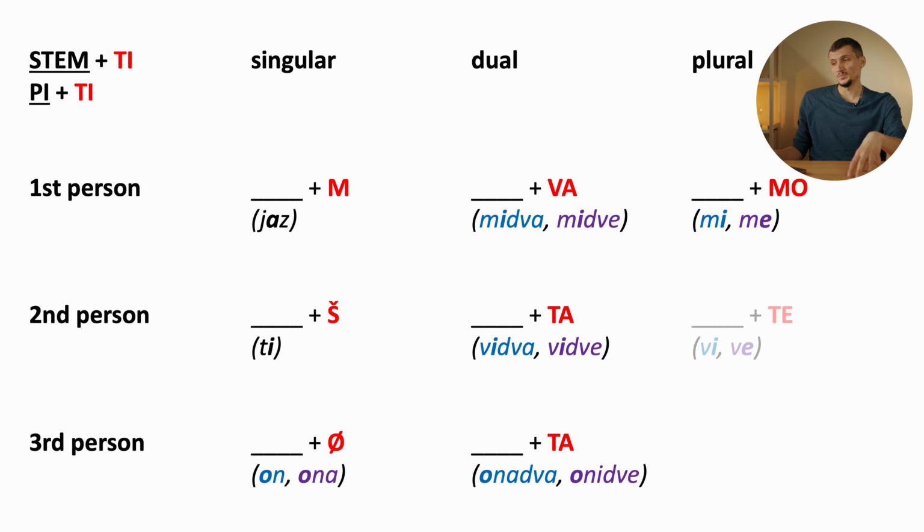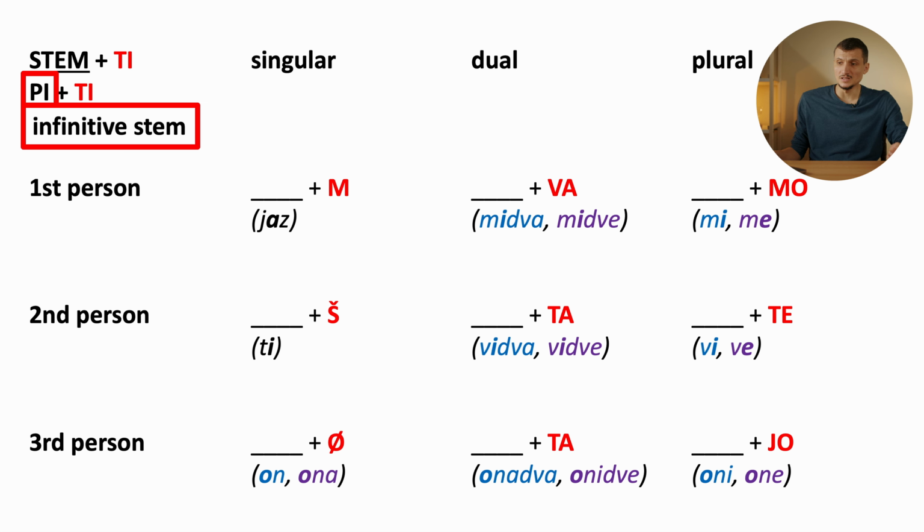If piti were regular, then we would conjugate it by going pim, pish, pi, piva, pita, pita, pimo, pite, pijo. But it is not regular, and we cannot know what change happens. We just have to learn it by heart.